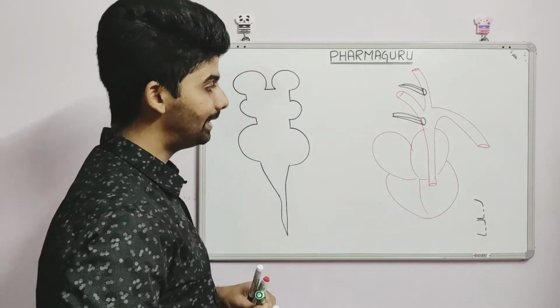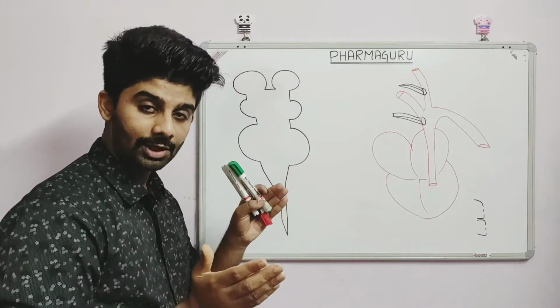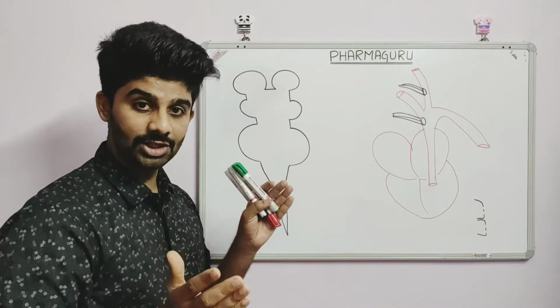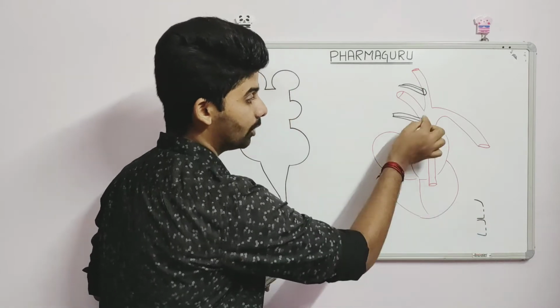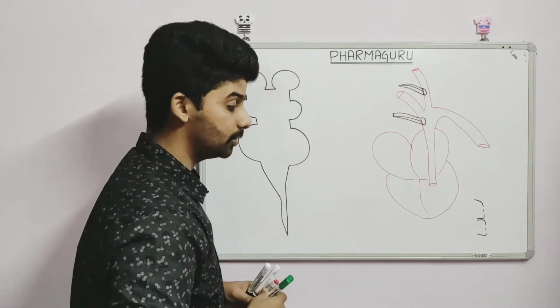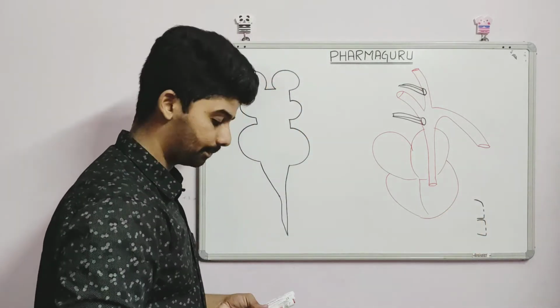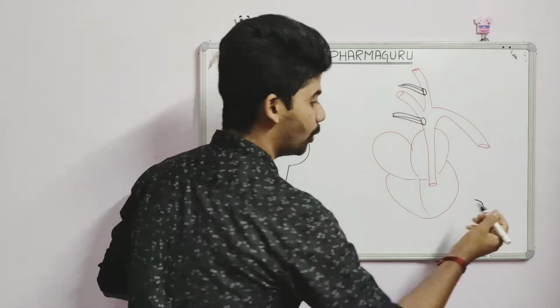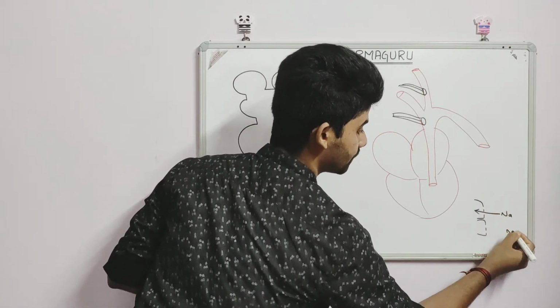When there is an increased blood pressure, there will be stretching of the aortic wall. Whenever there is stretching, these neurons will expand. As a result of the expansion, the sodium channels present in these neurons will open, and sodium will move into these neurons, right?